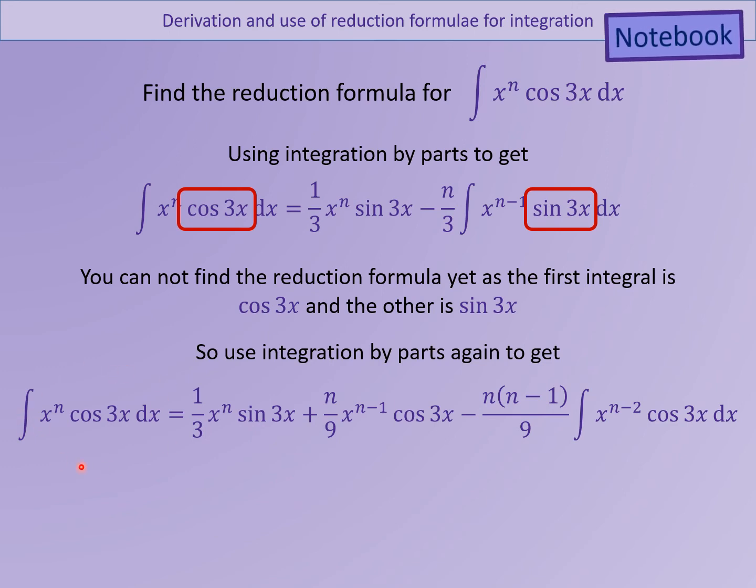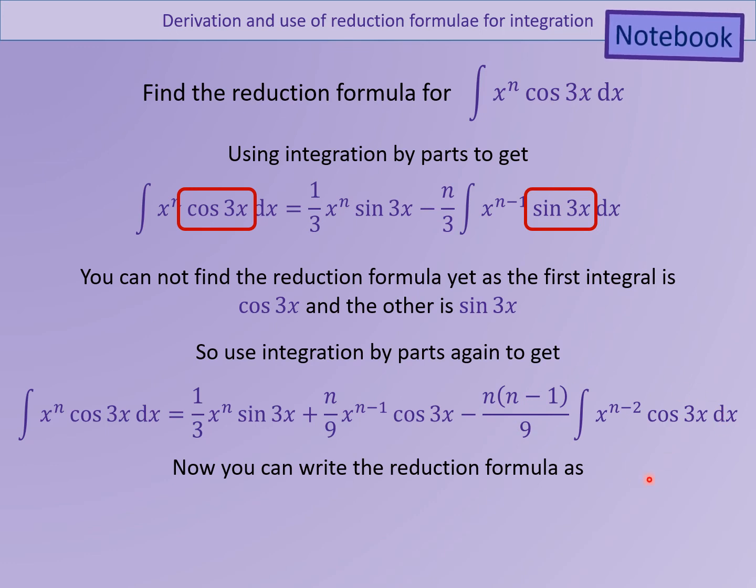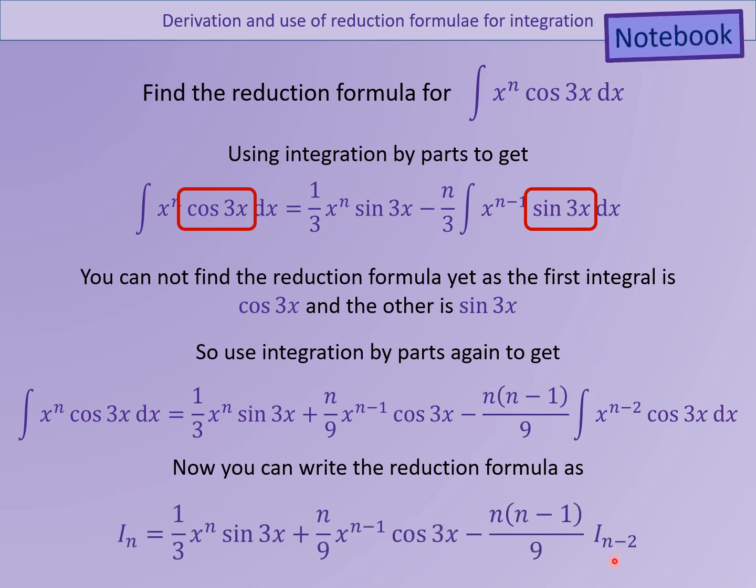If I call this In, this bit's going to be In, and this bit is the same, but this bit here is going to be In minus 2. And there's absolutely nothing wrong with having a reduction formula that doesn't go from In to In minus 1, but in fact jumps down 2 places.